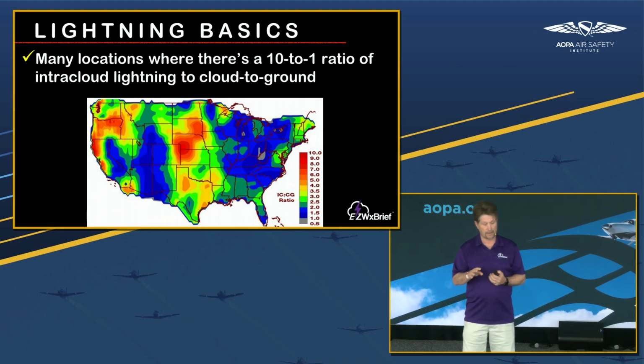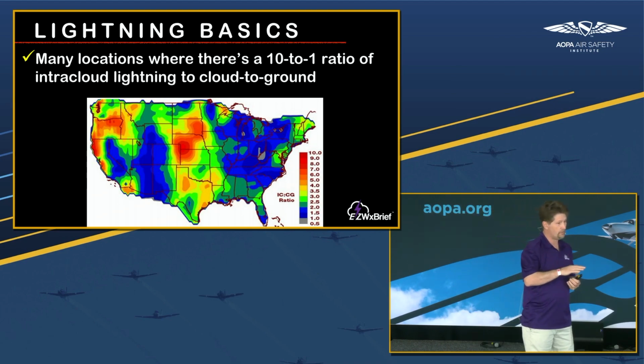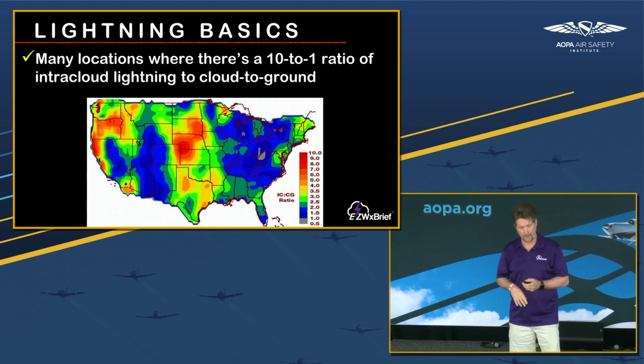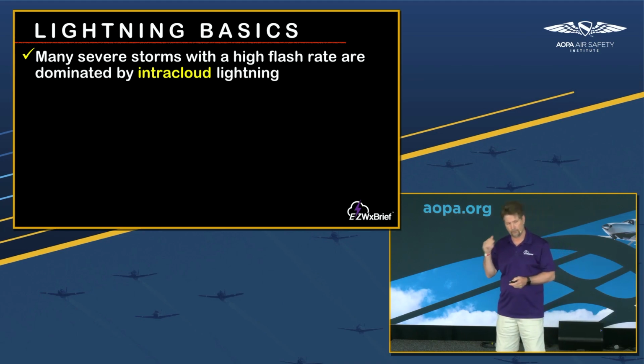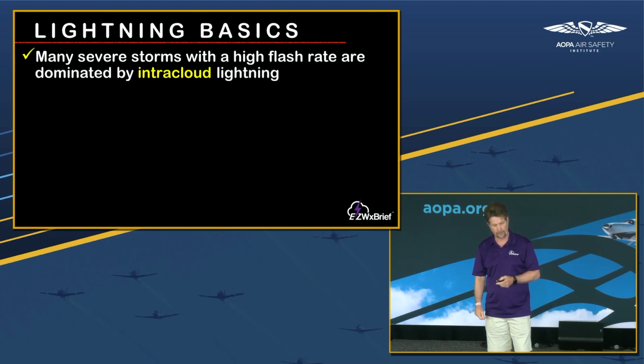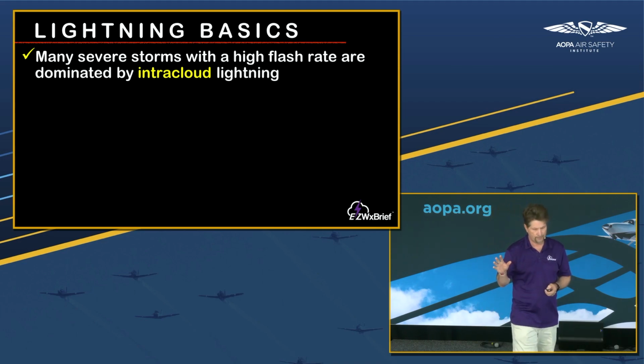So it's dominant. And in fact, this particular cell that went through on Wednesday night into early Thursday morning was dominated by intracloud lightning strikes. In some cases, you get really high flash rates.